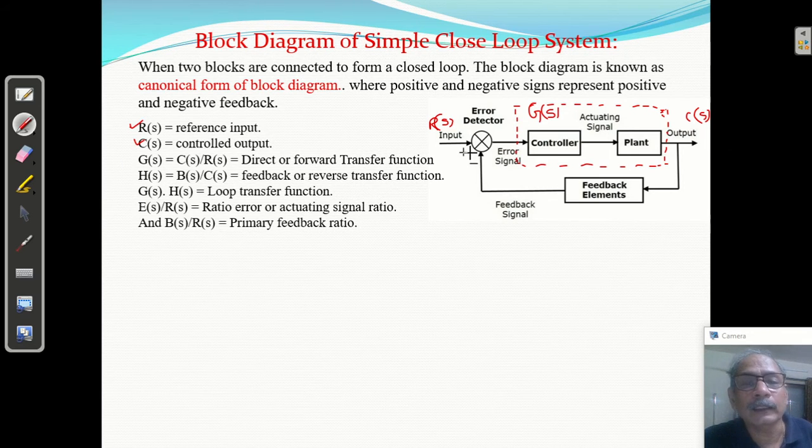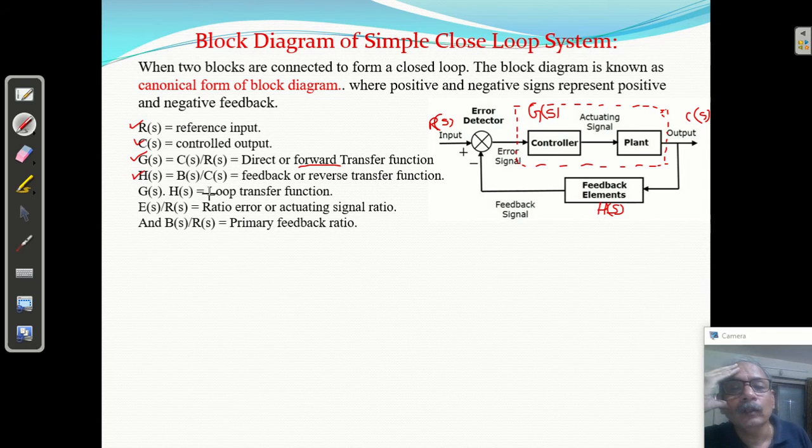C of S upon R of S in an open loop system, but here it is called the forward path transfer function. And this H of S is called the feedback path gain, also known as the feedback or reverse transfer function, H of S.